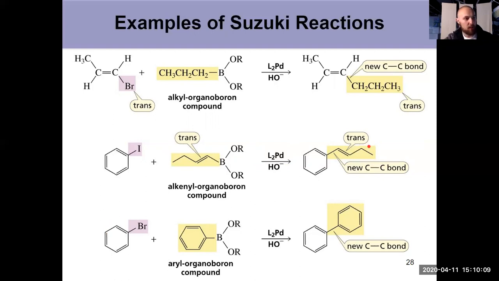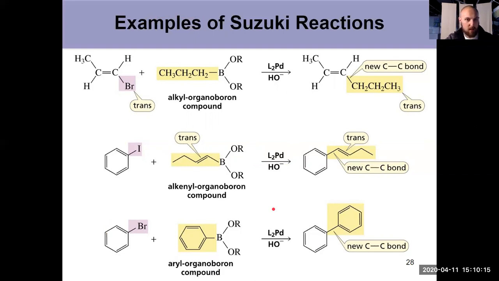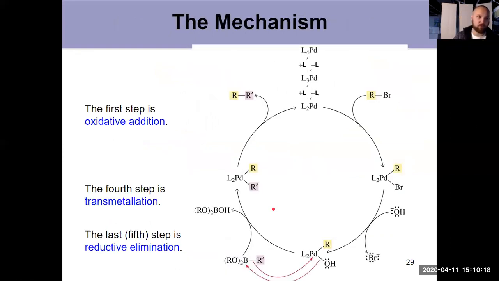The challenge from chapter 11, the primary goal, is to know how to predict the products. But if you're wondering how, we'll look at the mechanism on this slide, keeping in mind what I mentioned before. If you change the ligands on palladium, it can change the mechanism a little bit. Okay. I alluded to it just a few minutes ago. Palladium with 2 ligands is the active catalyst, but that's super reactive and unstable.